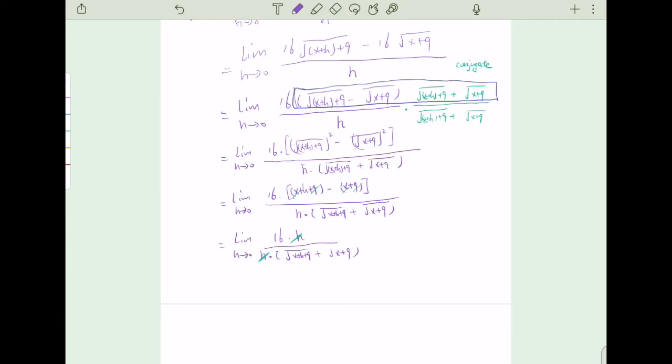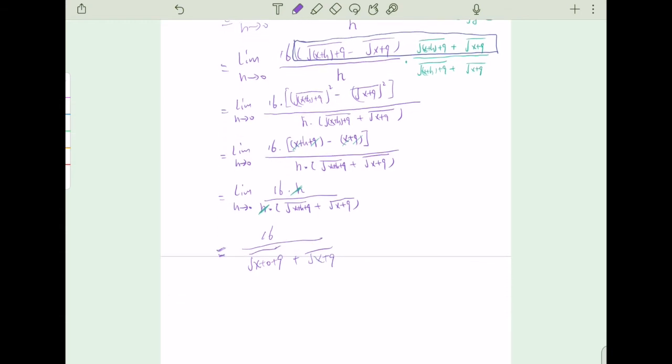So we plug in 16 divided by x plus 0 plus 9, right? Substituting h with 0. There's x plus 9. So now we see that is 16 divided by the square root of x plus 9 plus the square root of x plus 9.